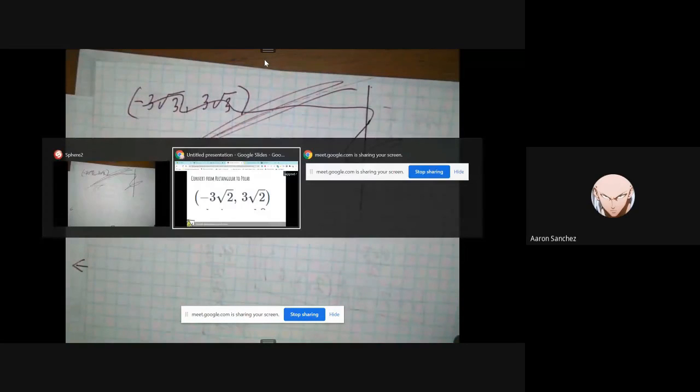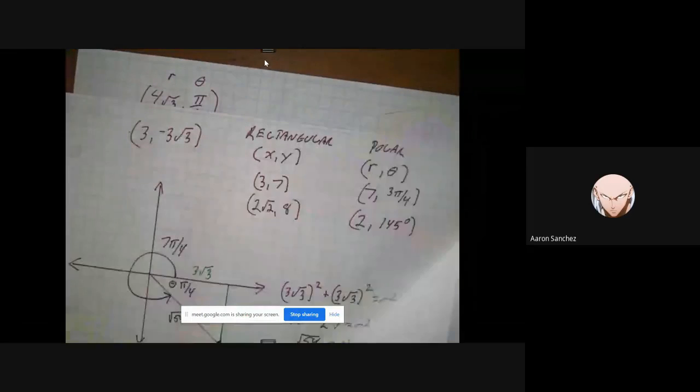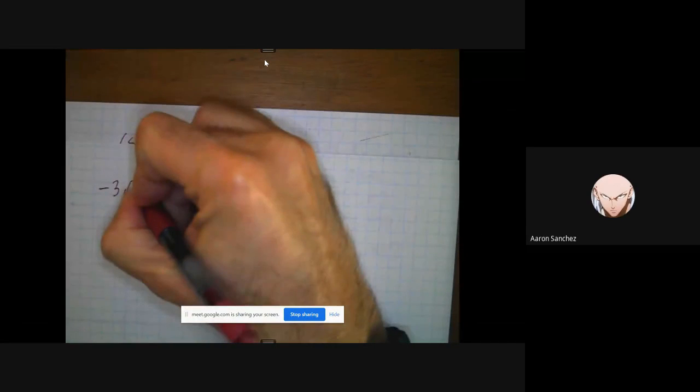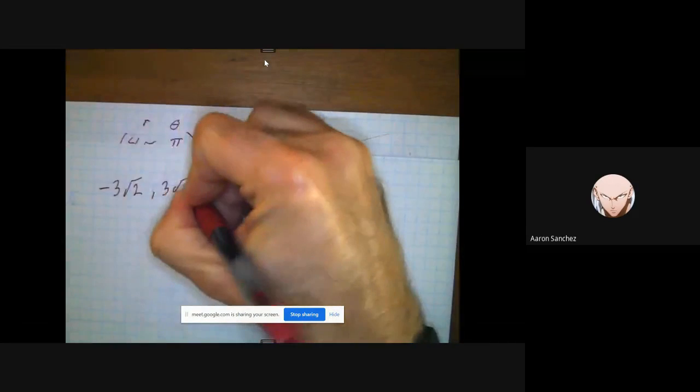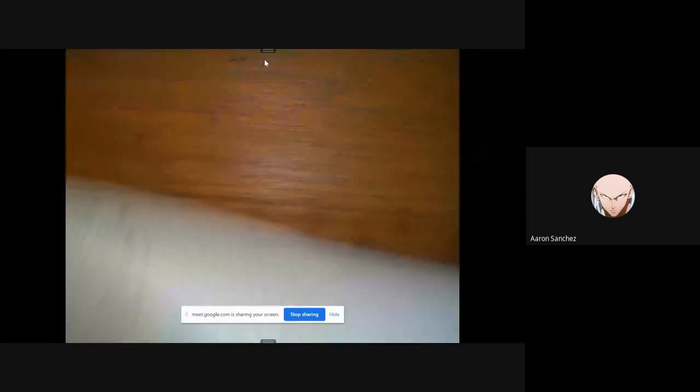Is it root 2? Negative 3 root 2, 3. See, that would have been a big mess. Negative 3 root 2 and 3 root 2. Oh, actually, root 3 would have worked too. But negative 3 root 2, comma 3 root 2. Okay.